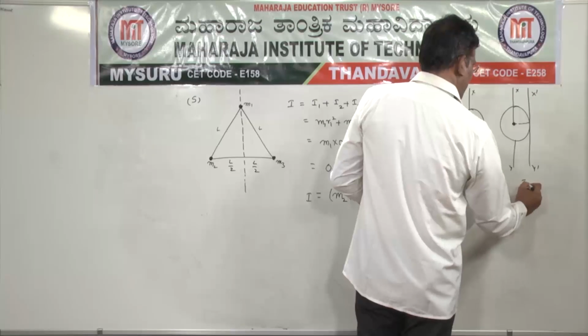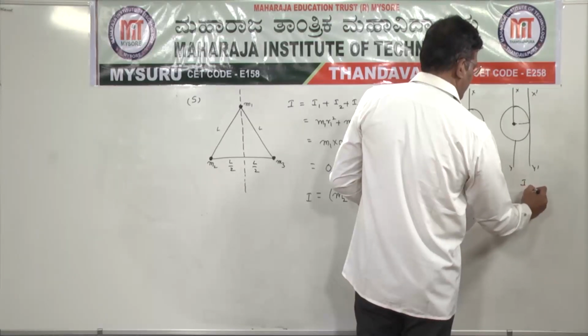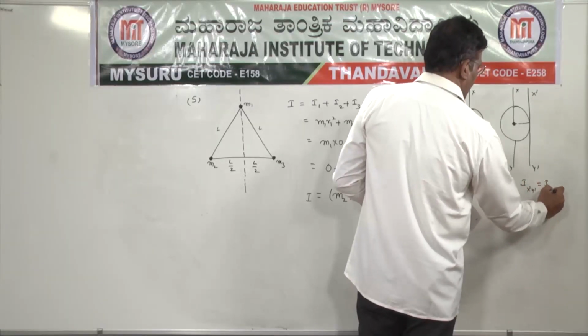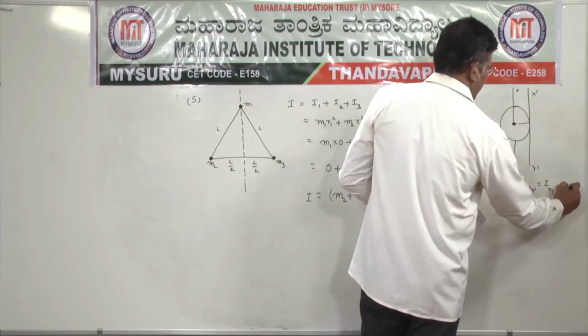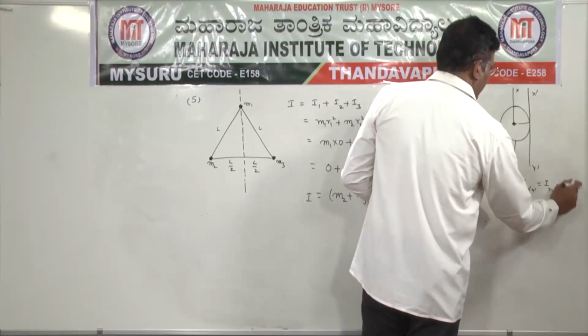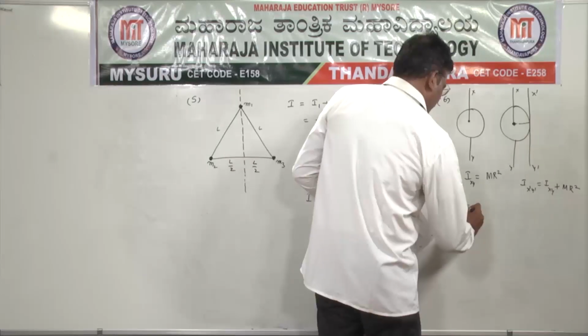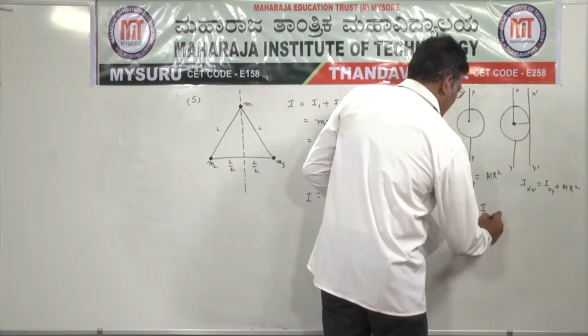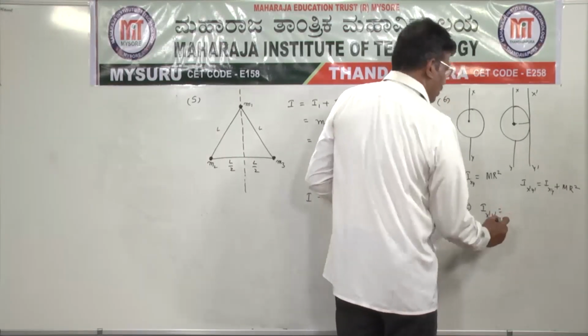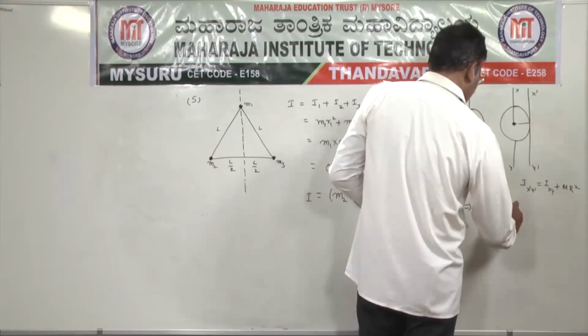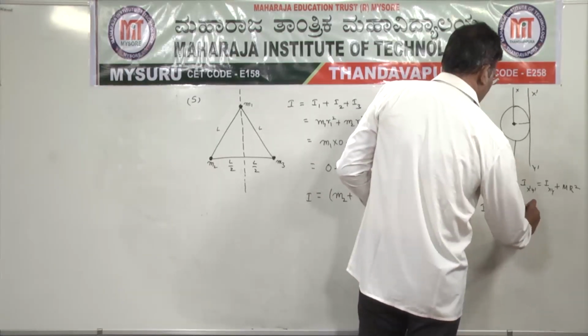So by the parallel axis theorem, I_x'y' is equal to I_xy plus m r square. So that implies I_x'y' is equal to 2 m r square.